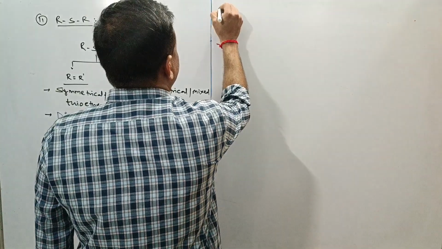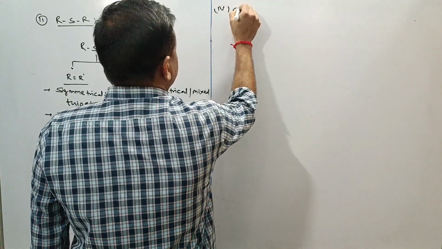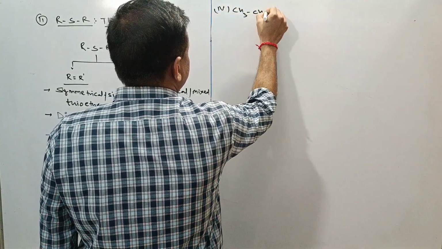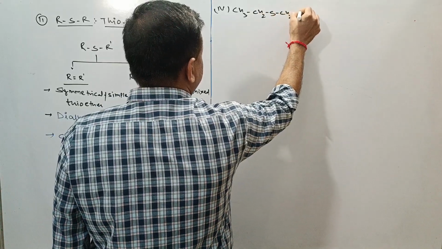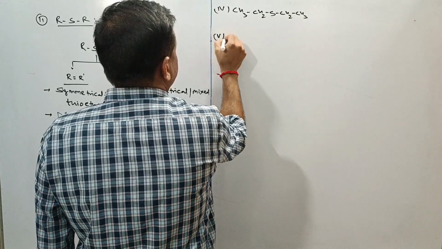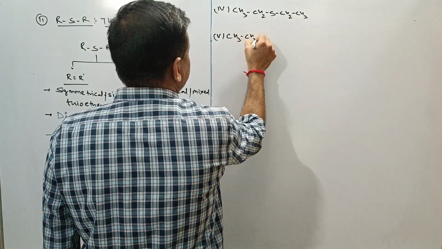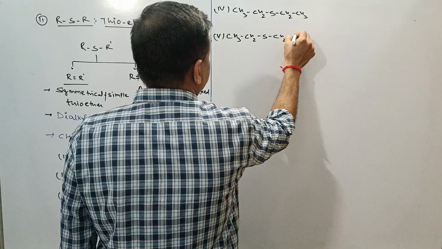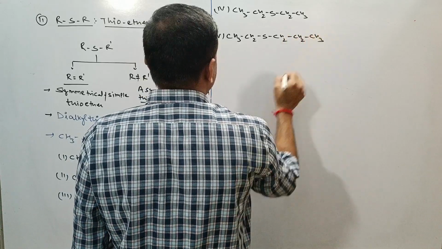The fourth is CH3CH2-S-CH2CH3. The fifth is CH3CH2-S-CH2CH2CH3.